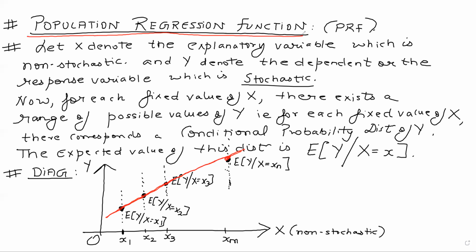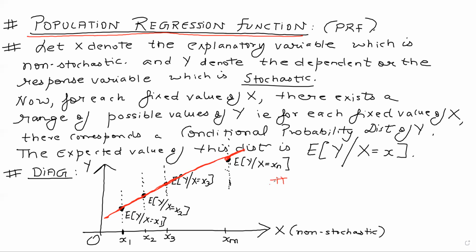The red straight line on your screen is called the population regression function. Since it's a linear line, how can I write it?